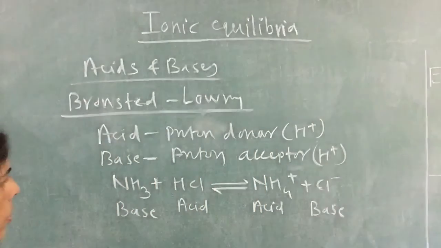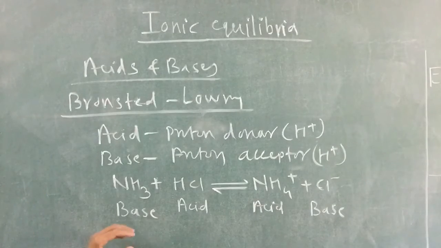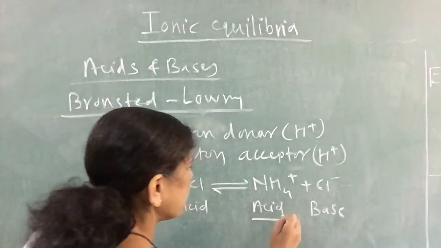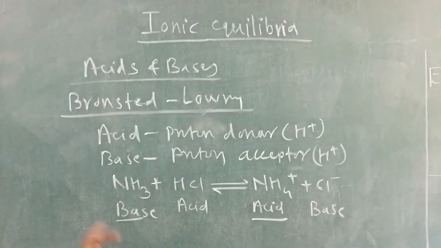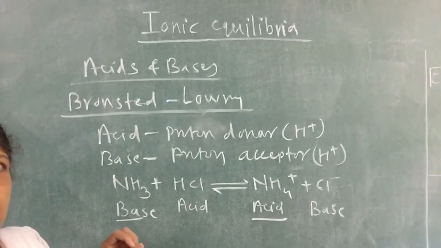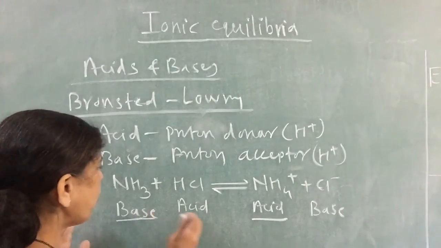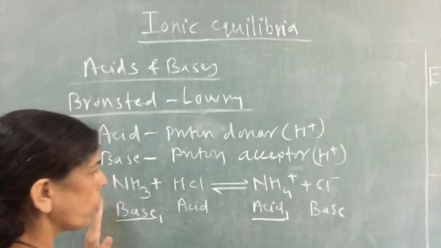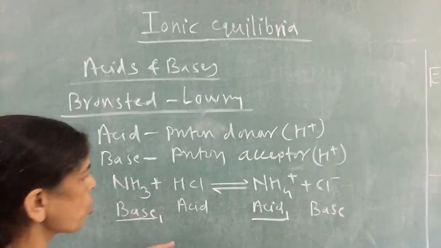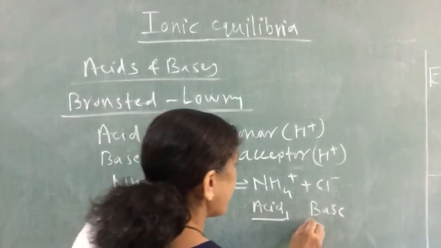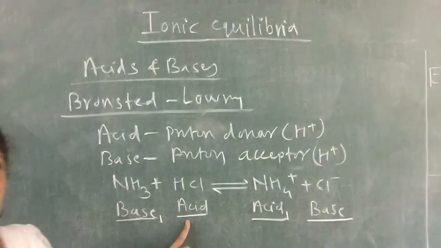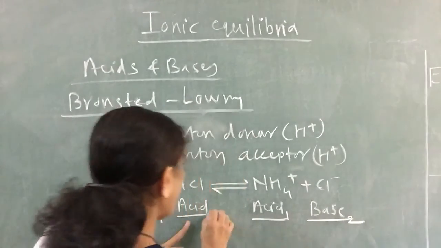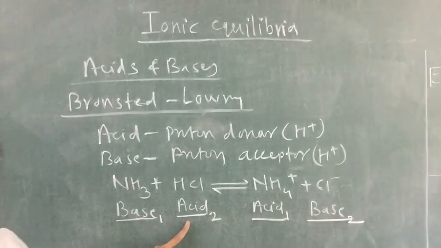Now if you observe the species carefully, NH3 and NH4 plus differ by a proton, so they will form one acid base pair, base 1 acid 1. At the same time, in the same reaction, we have HCl and Cl minus, which are also differing by a proton, so that will form another acid base pair.